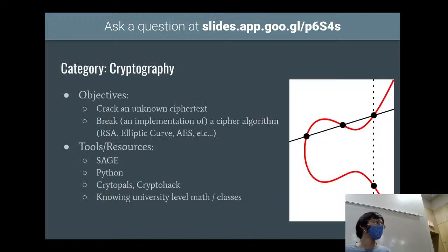So the first one is cryptography. Generally, when you're looking at this, you're given some sort of cipher algorithm that's encrypting or decrypting some message, and you want to break that implementation. Let's say RSA. In theory, it's a very strong cipher algorithm and very hard to break, because it's based on factoring numbers to get the prime factorization, and when the numbers get really big, that gets very hard to do.